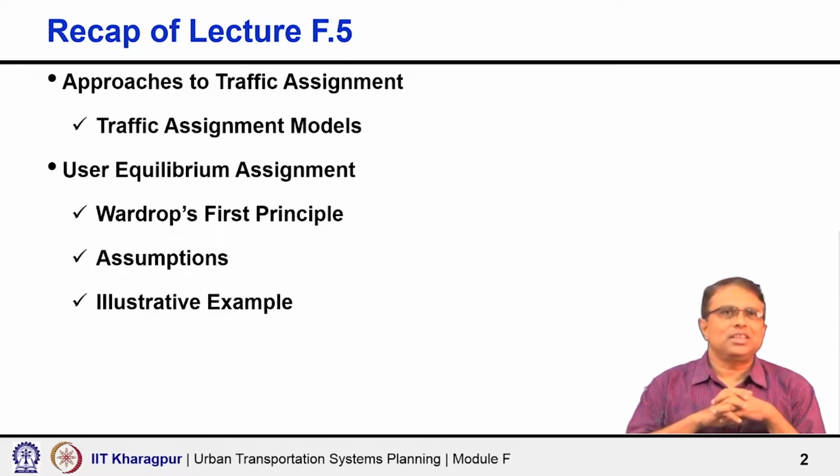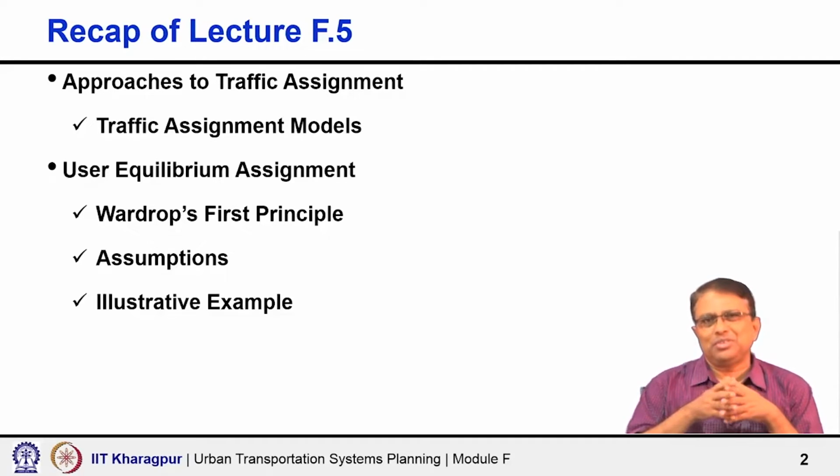Under static assignment we discussed user equilibrium assignment and mentioned Wardrop's first principle, that generally says people are selfish, everybody is trying to minimize his or her own travel time, and people will keep on changing the route as long as there is any opportunity for individuals to get a better route or a route with a lower travel time.